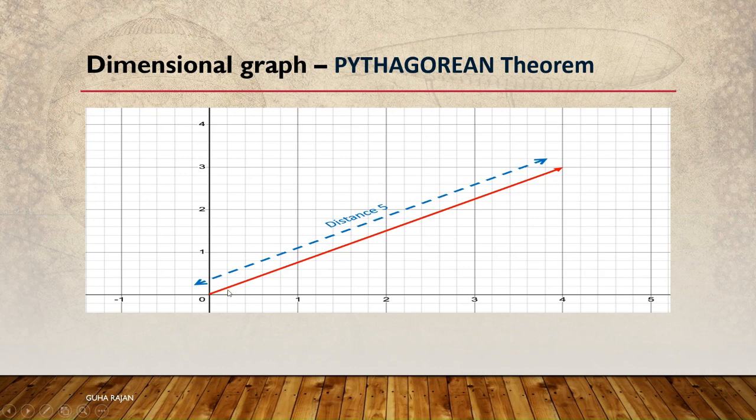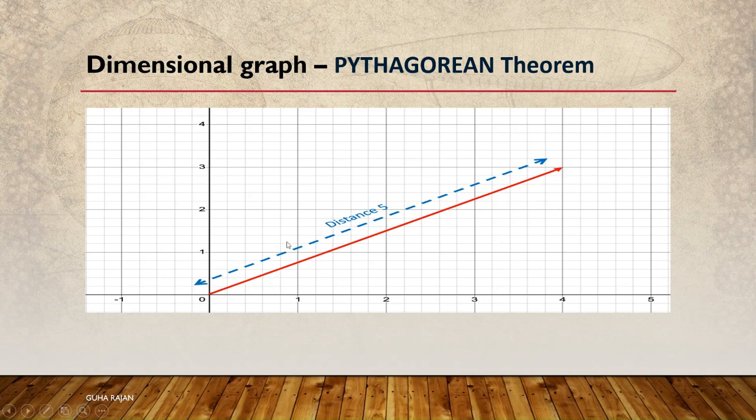Assuming it is 0, 0 over here and 4, 3, what is the distance over here?